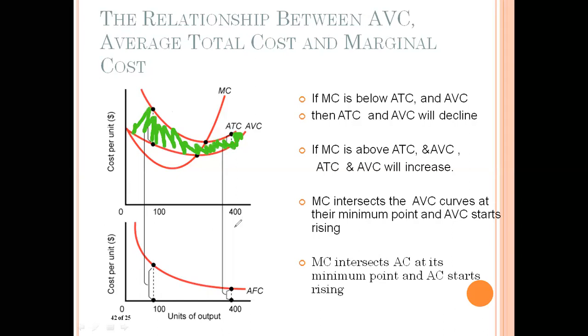AC और AVC के difference पे क्या observe कर रहे हैं? We are observing that the difference between AC and AVC is decreasing. The difference is falling. कम होता जा रहा है difference.